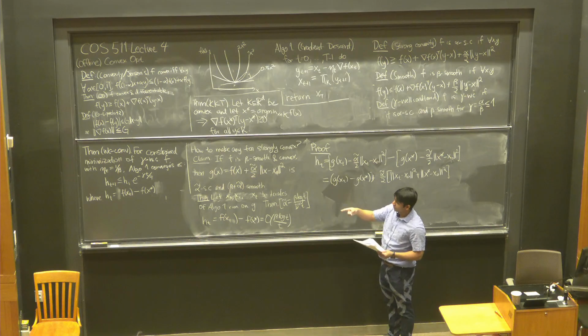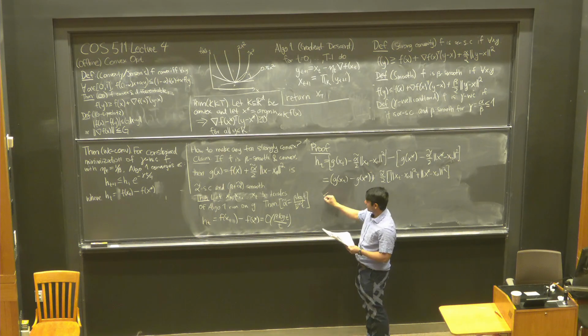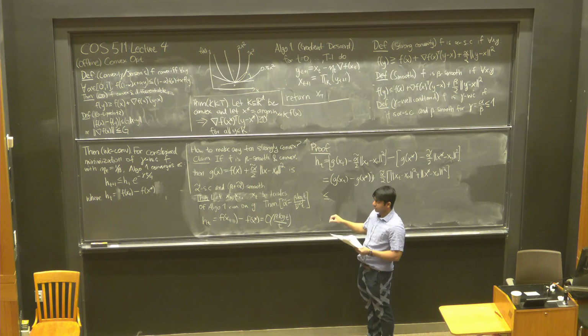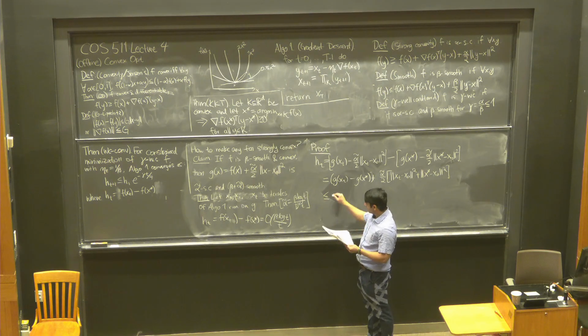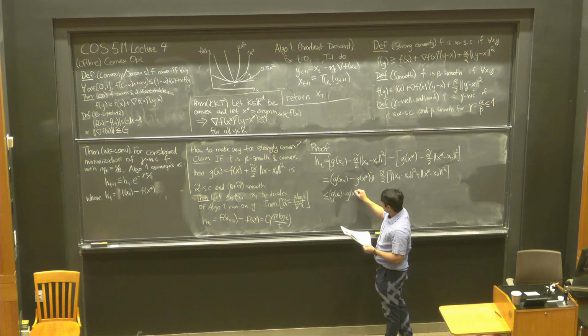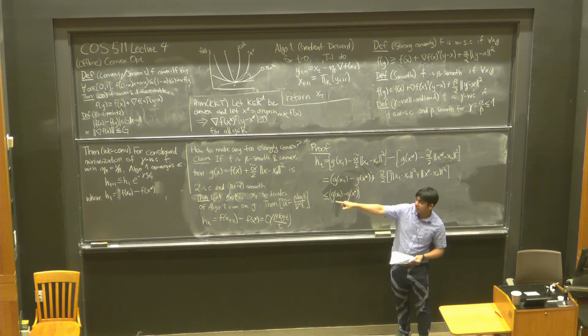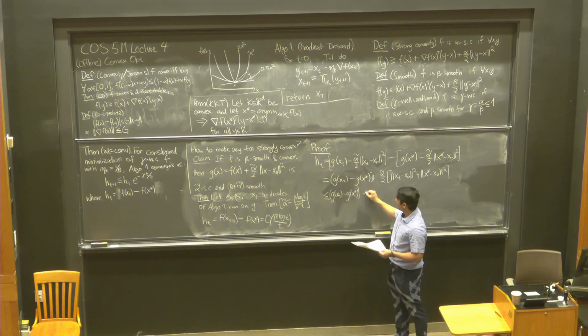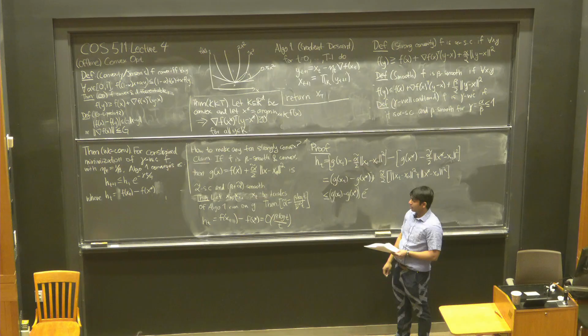Okay. So this first one, by our theorem, is at most h1 of g times e to the minus gamma t over 4. What is gamma?